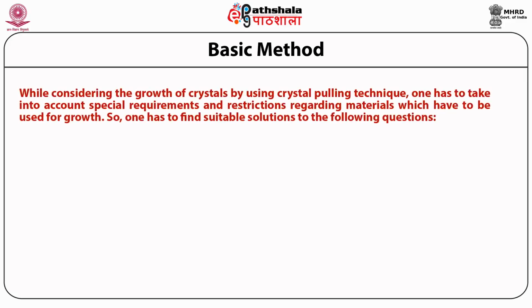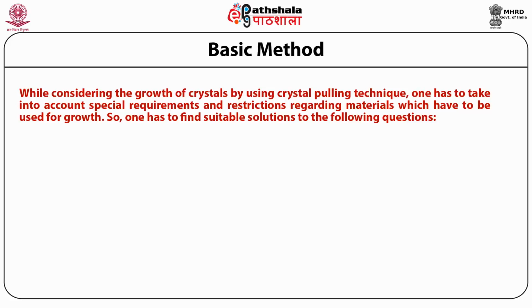While considering the growth of crystals by using the crystal pulling technique, one has to take into account spatial requirements and restrictions regarding materials which have to be used for growth.